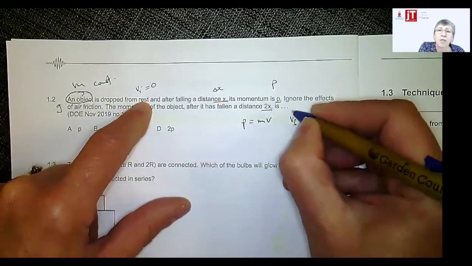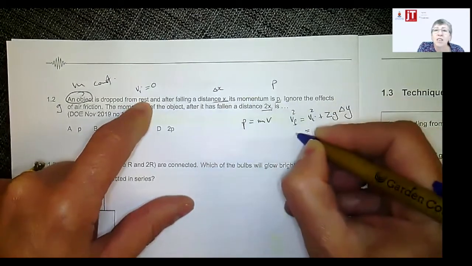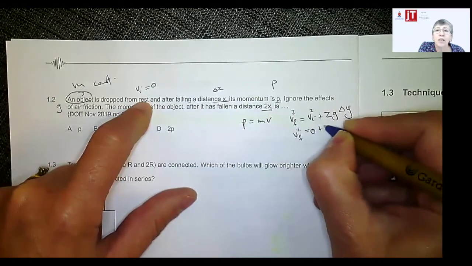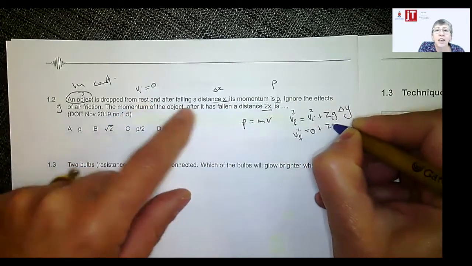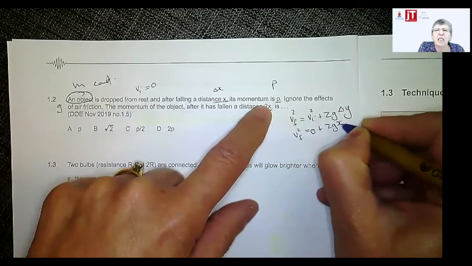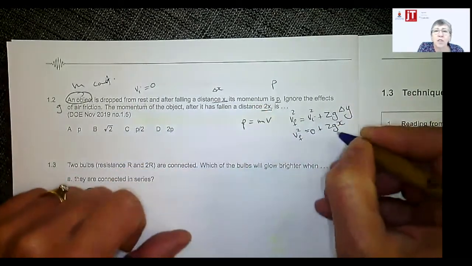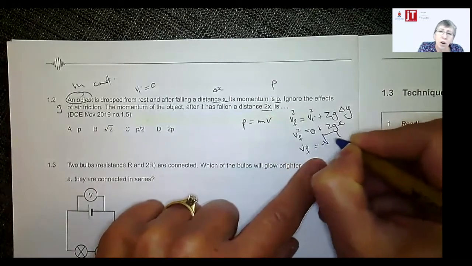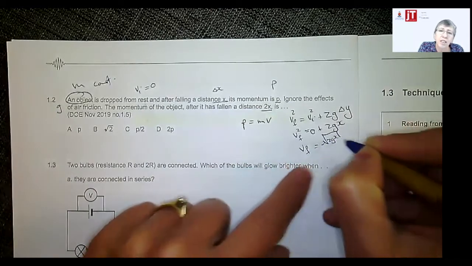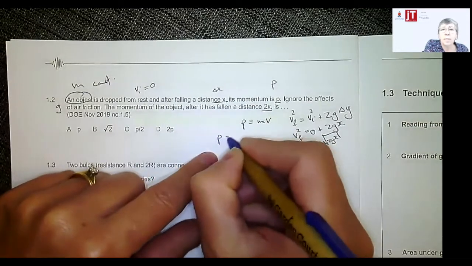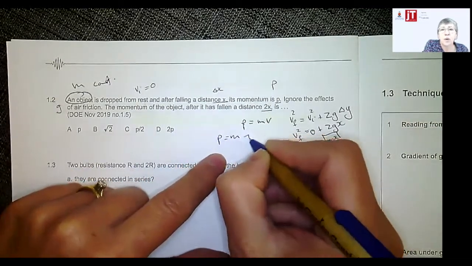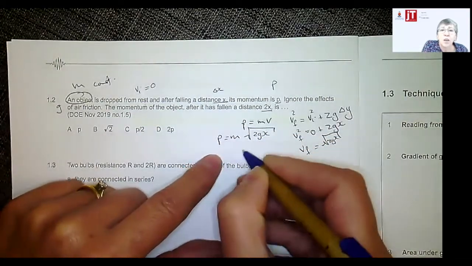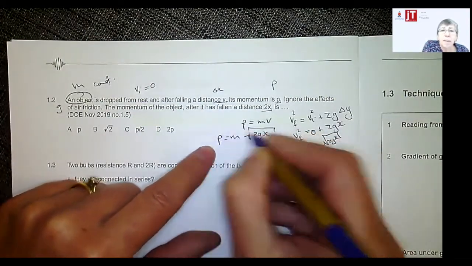So that squared one is equal to 0 plus 2g, and they put an x for the distance traveled. So v final is actually the square root of 2gx, and if I can put it in here, p equals m times the square root of 2gx. Now, this is my basic equation.